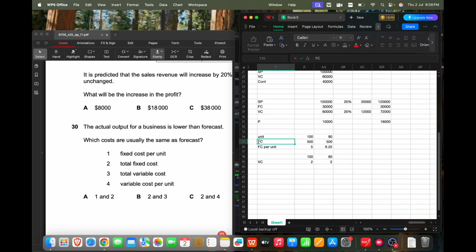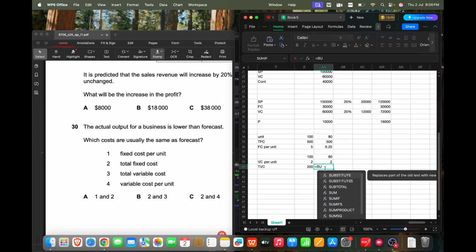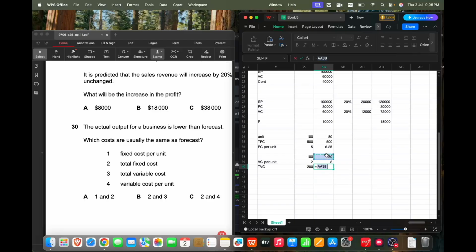Let me just denote it here: total fixed cost and variable cost per unit. But the total variable cost will change because it is as per the output. So this is 200 out here and this is 160 out here. So the right answer for question number 30 is 2 and 4, which is C.